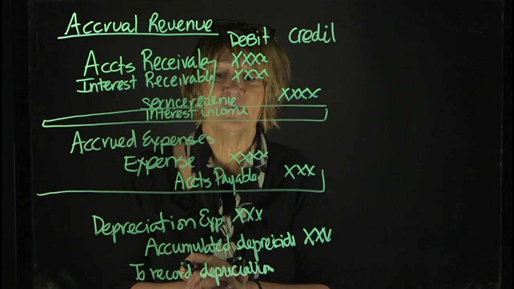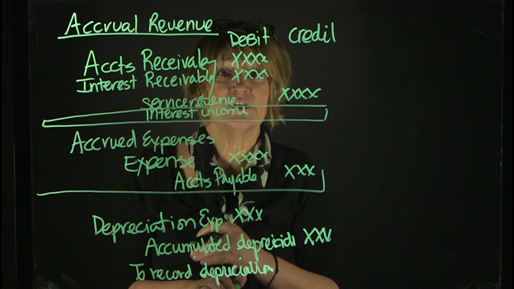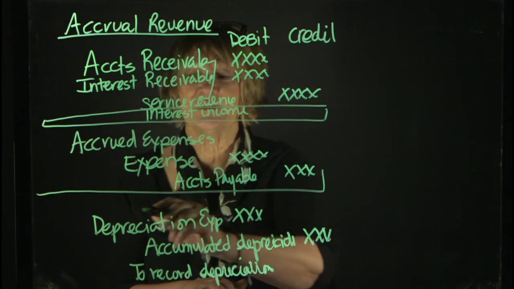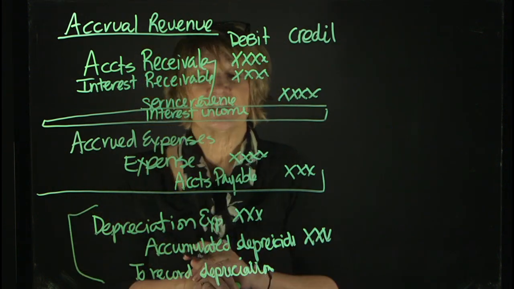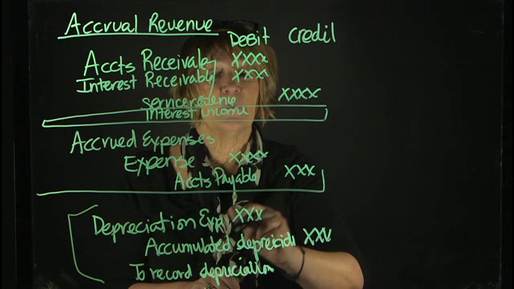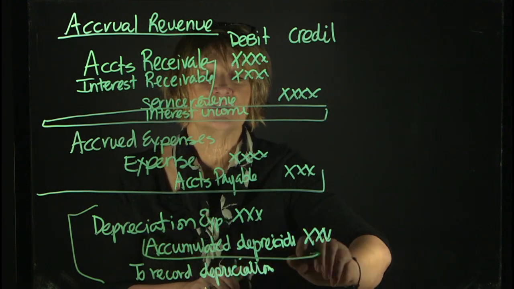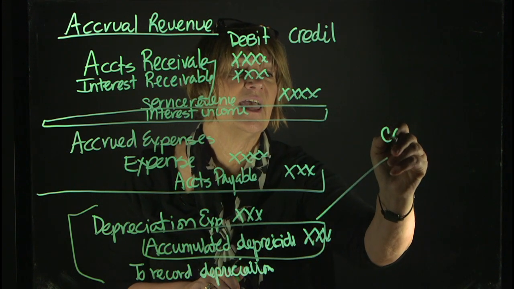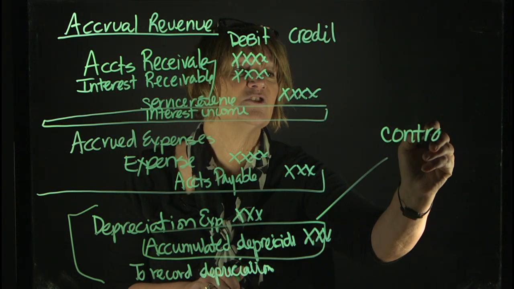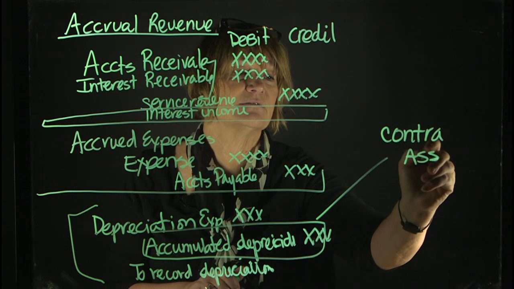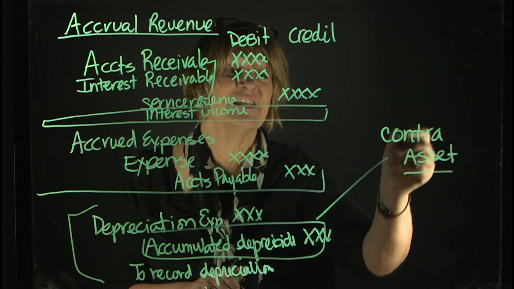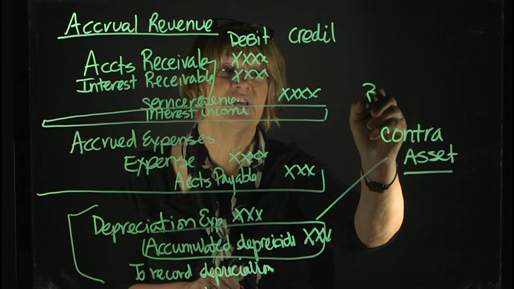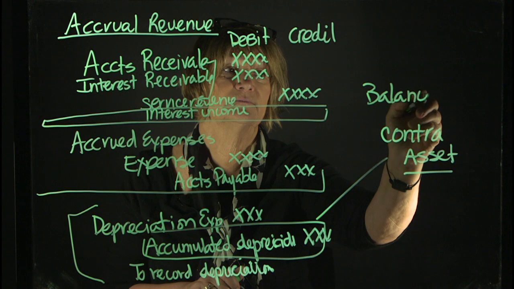So therefore, we've come up with depreciation to slowly expense that equipment over time. And we do that by doing this adjusting journal entry. Now, we have this new account, which is called accumulated depreciation, and it is a contra asset account. Okay? And that's because this goes on the balance sheet under equipment.